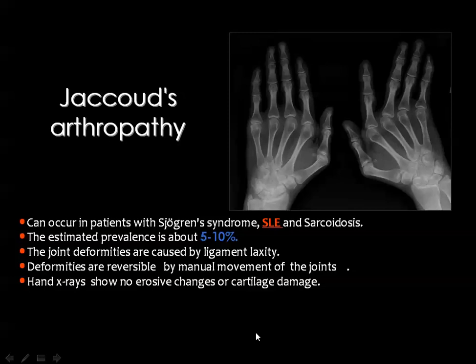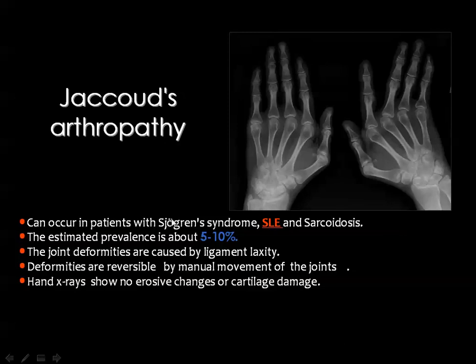And this name, Jaccoud's arthropathy, is a condition where systemic lupus erythematosus is one of the diseases that can result in this type of arthropathy, which is nothing but multiple joint deformities without bony erosive changes.